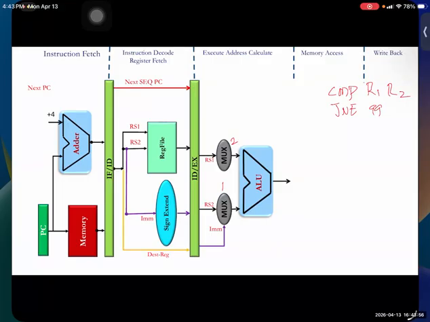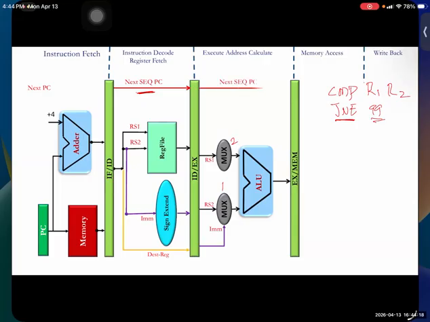So to go to this jump instruction, it is the current program counter value that generates the NPC, the next sequence of instruction, plus the target.